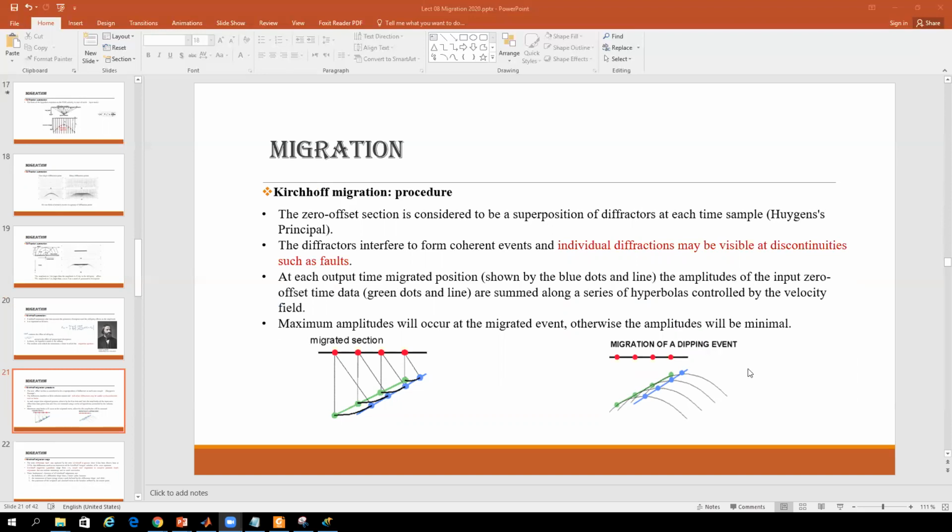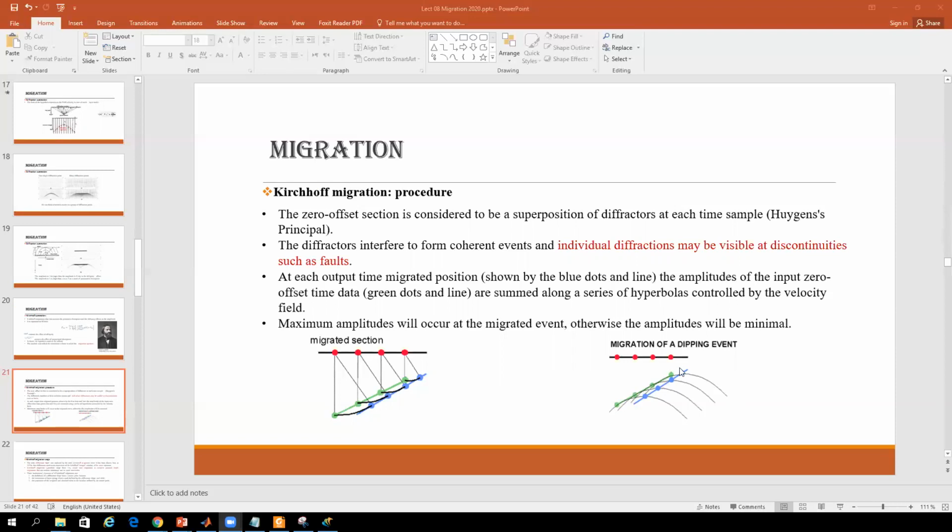So the Kirchhoff migration is nothing but a summation of the amplitudes along these diffraction curves and bringing them all to the apex of the diffraction curve, because we are assuming that every point in the seismic event which we have in the stack section is nothing but a superposition of many diffraction points.